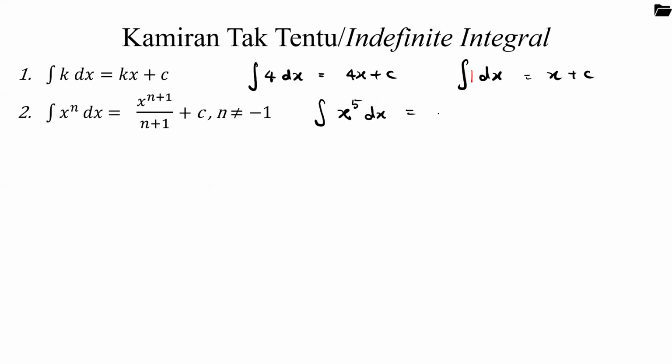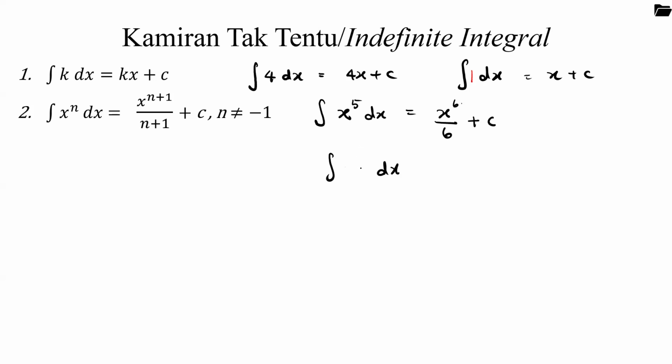So we increase the power by 1, so x to the power 6 divided by 6, plus c. Integration is very easy: 6 over 6, 5 over 5, 3 over 3. As long as you increase the power by 1 and divide by the new power. Now your n can never be negative 1. What does that mean? I can also have this, x to the power negative 3.